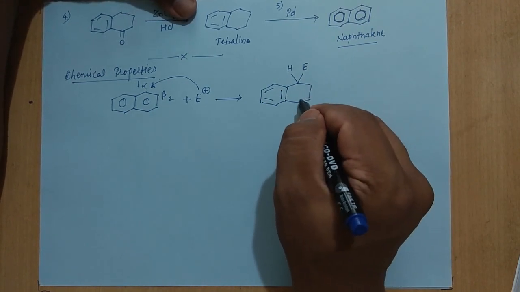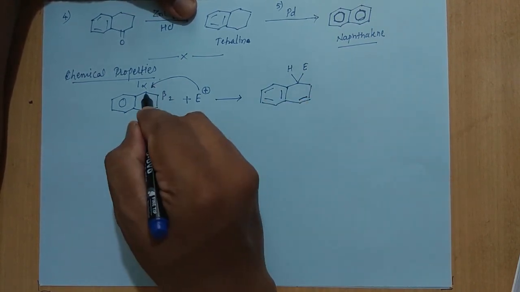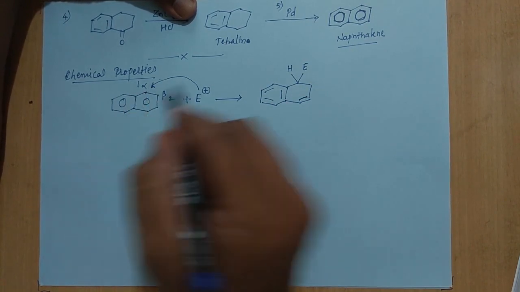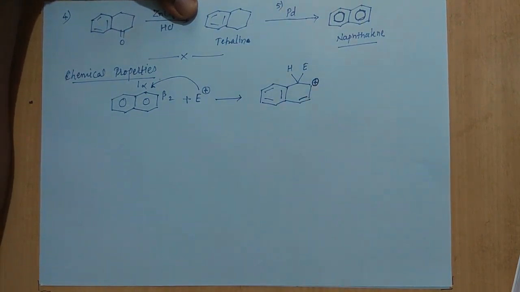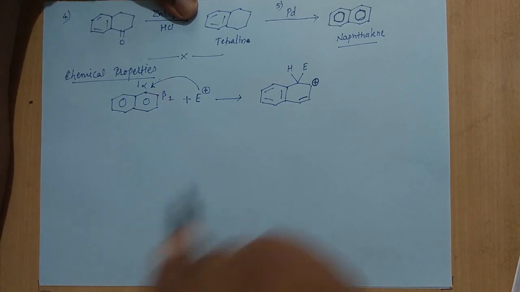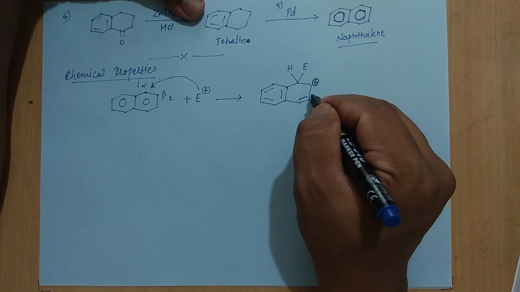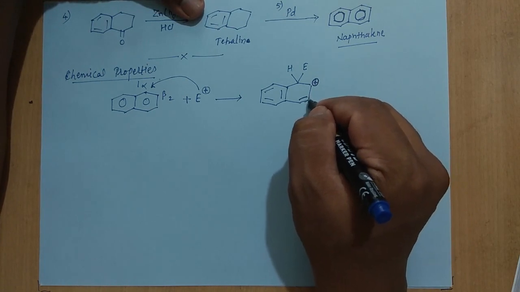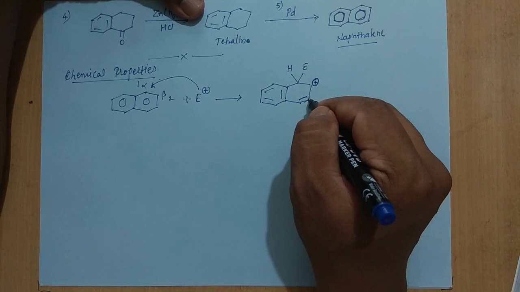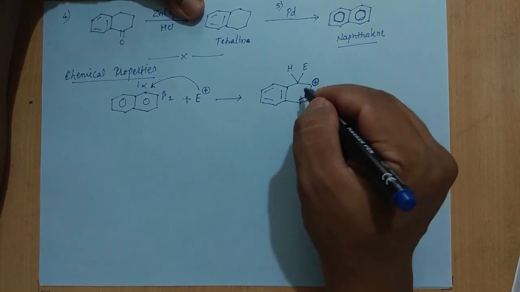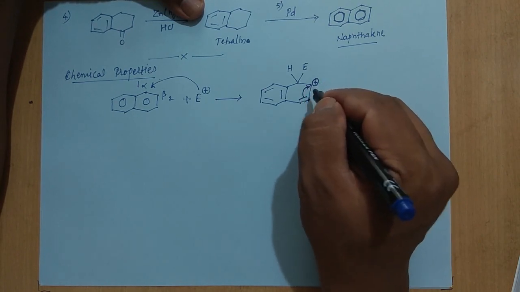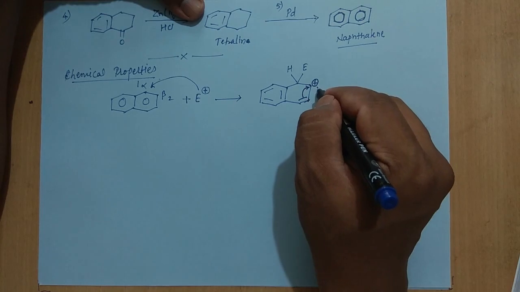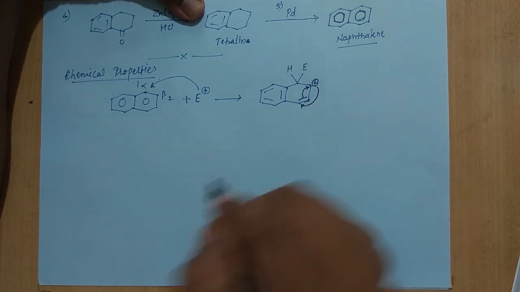Now due to attack at this position, the double bond between this carbon and this carbon breaks up and there is a positive charge on the second position. Okay, now this positive charge can be resonance stabilized. How? The neighboring carbon atom has extra pi electrons, so these pi electrons can be shared with the positively charged carbon at second position, and this charge is transferred from second position to fourth position.